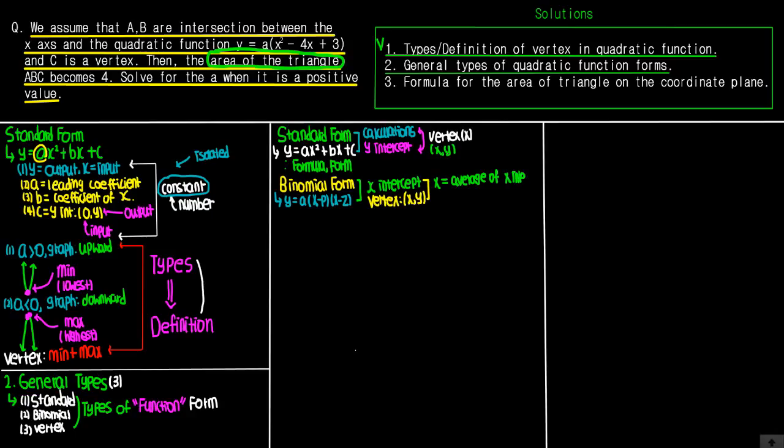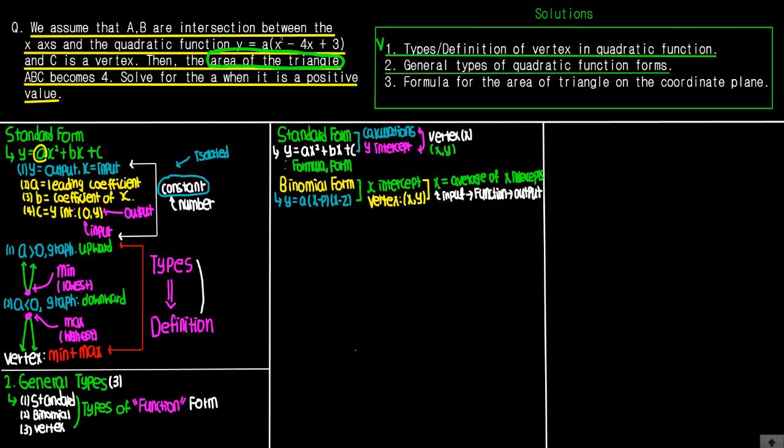This is what the x value of our vertex is, and this is one of the convenient properties of the binomial form. And since we solve for the input, all you have to do to solve for our output is input it into the function or equation, and it will generate a specific output, which we call y or f of x. And this is about the binomial form.